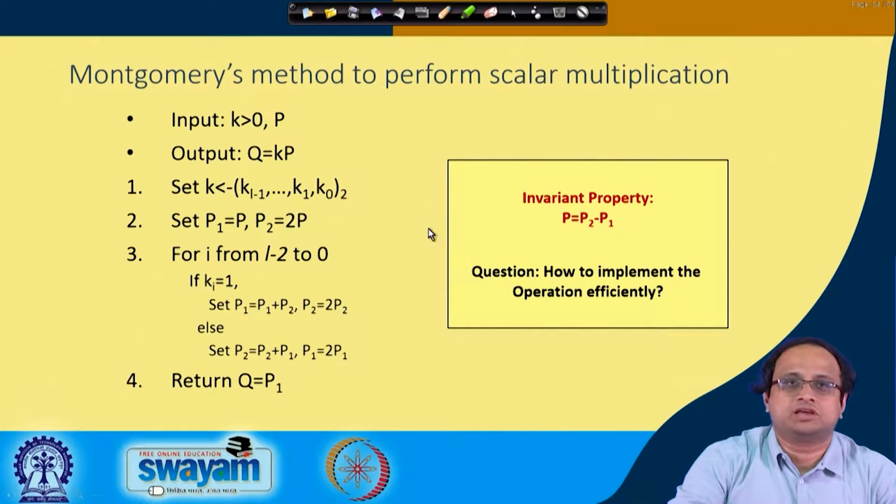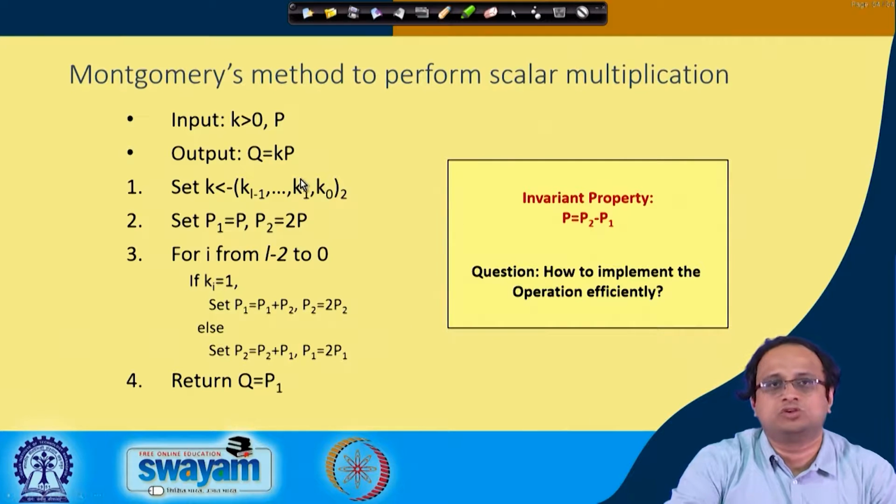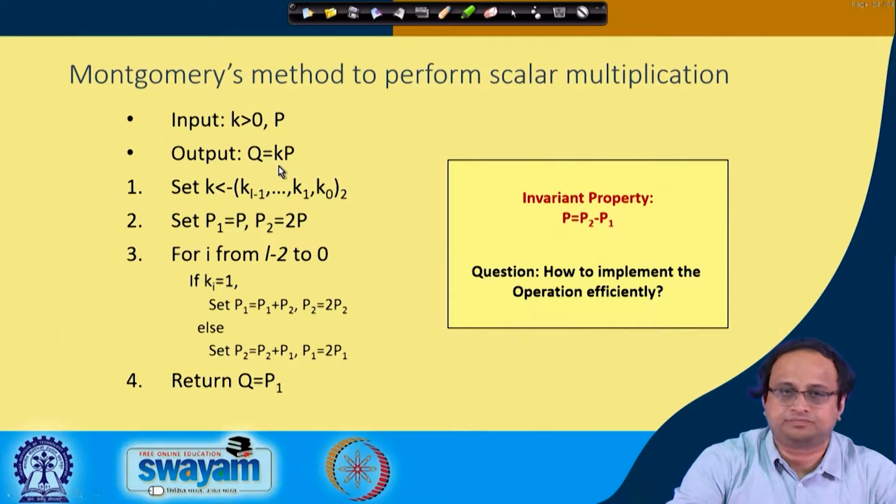So, in Montgomery's technique, the objective is still to compute the scalar multiplication. You have a scalar k and you would like to calculate k into P. k is your scalar, whose binary expansion is denoted by k_{l-1} to k_0, and I want to calculate kP.